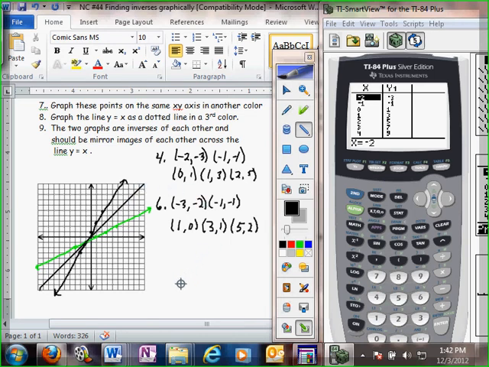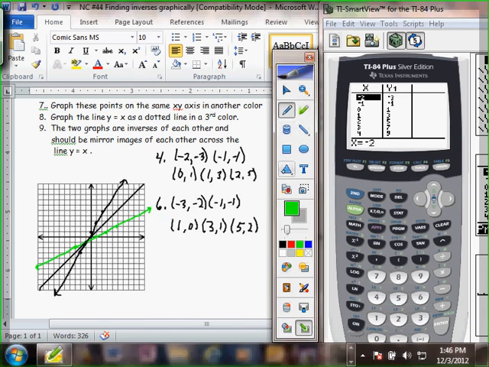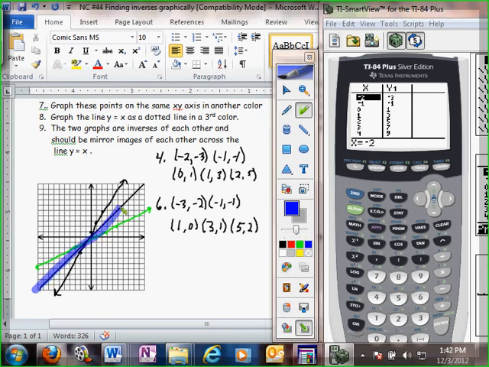looks like that. And so what we should see here then is when I'm looking at the line y equals x, which I'll highlight in blue, you should see that my two functions, 2x plus 1, the black function, and the inverse, this color here, are reflections of each other in the line y equals x.